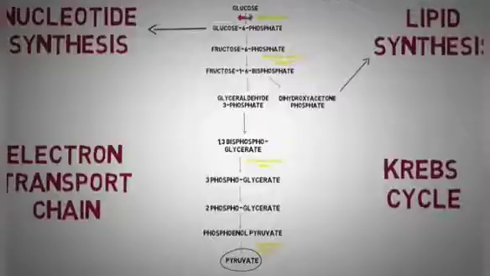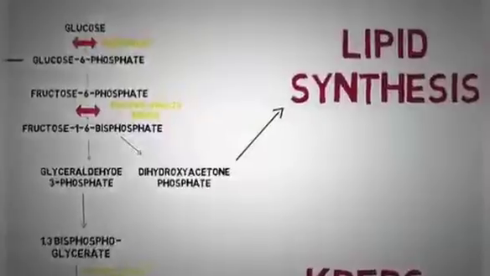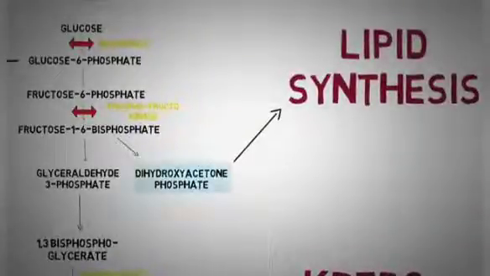So it becomes important to regulate this pathway at more than one point, which allows the regulation of several pathways to be coordinated. For example, dihydroxyacetone phosphate is used to make glycerol, which is used to synthesize important lipids and store energy. Now, when you are in a well-fed state, you have abundant energy in your body.